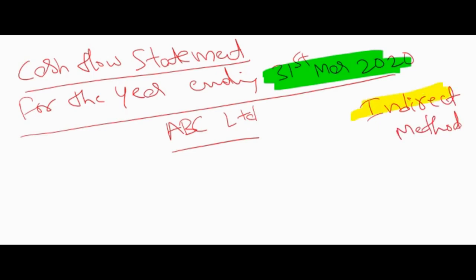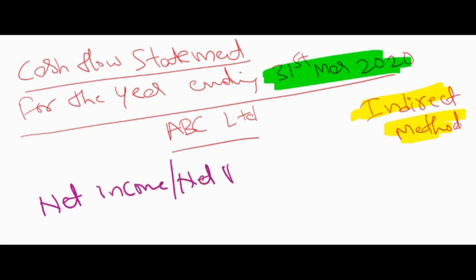So in the indirect method, what we should do is take the net income, right, or net profit from the income statement.